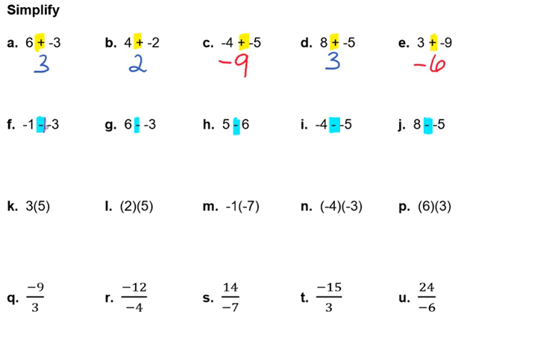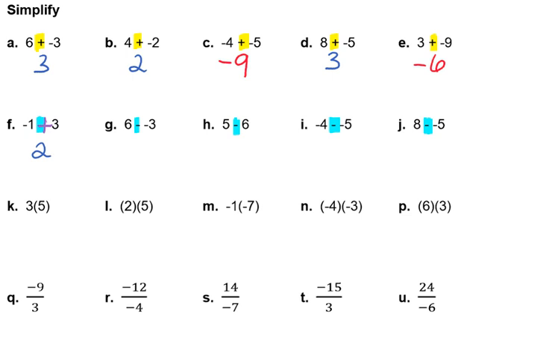So here I have double negatives, so I'm going to change those into a plus sign. And now I have -1 plus 3. So if I owe you $1 and I just earned $3, after I pay you back, how much do I still have? And that answer is $2.